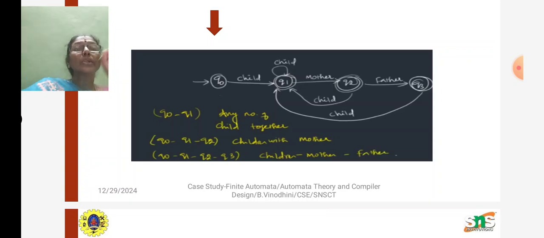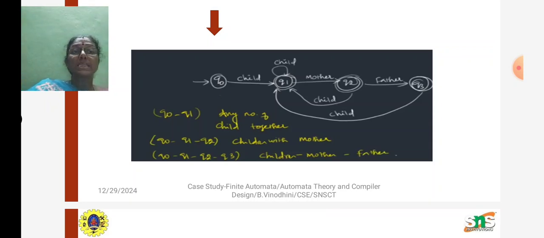When you read Q0, Q1, Q2, Q3 directly, we can accept the third pattern, and that can also be repeated any number of times. From Q3, again child and mother can come, and starting with child, the pattern of mother and child can keep repeating. So this is the state diagram. Q0 to Q1 means any number of children together is accepted. Q0, Q1, Q2 means child with mother any number of times is accepted. Q0, Q1, Q2, Q3 means the child, mother, father pattern is accepted.